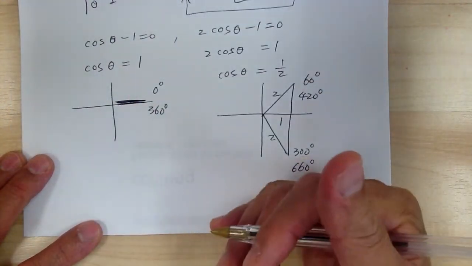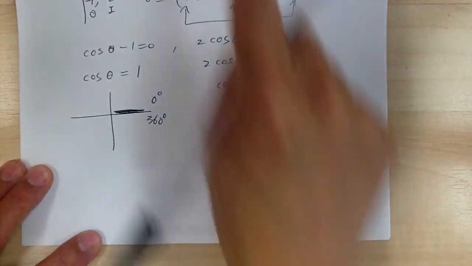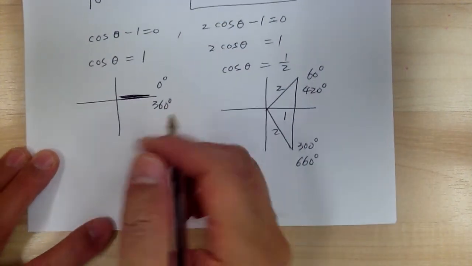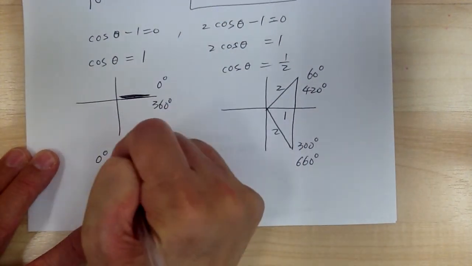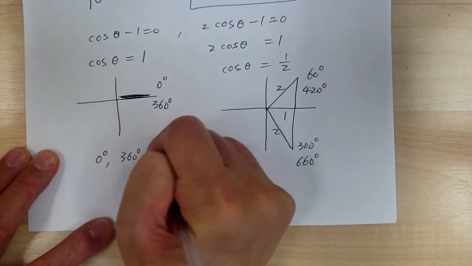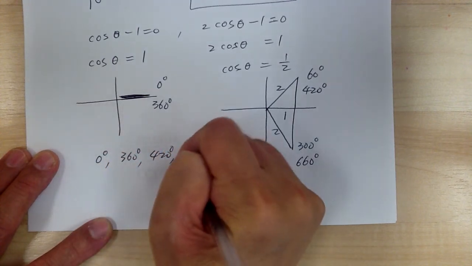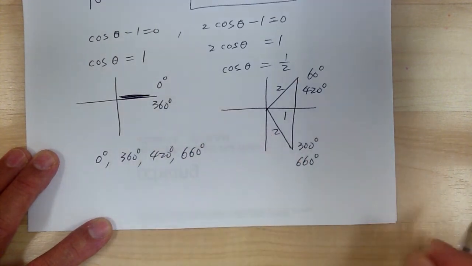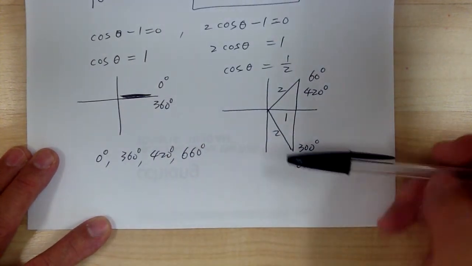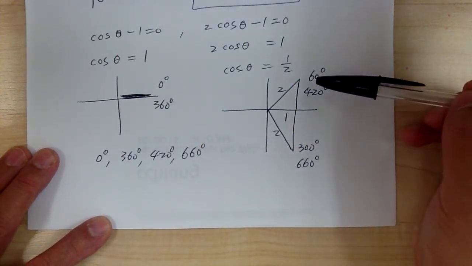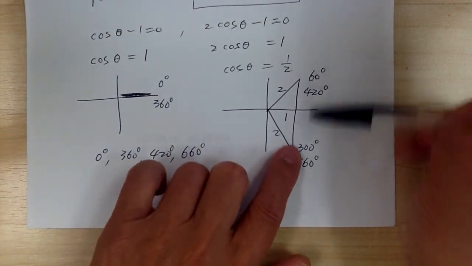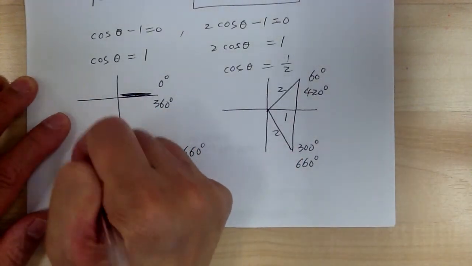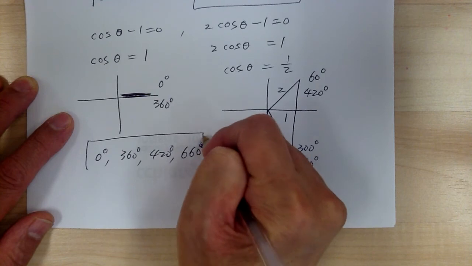Again, we're not going to spend time to do the checking, so you can do the checking yourself. The ones that are good would be 0 degrees, 360 degrees, 420 degrees, and 660 degrees. So 2 of them are no good. The 60 is no good, and the 300 is no good. Okay, so these 4 are good answers.